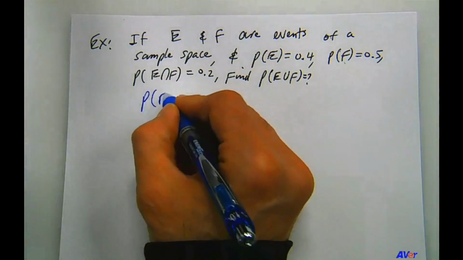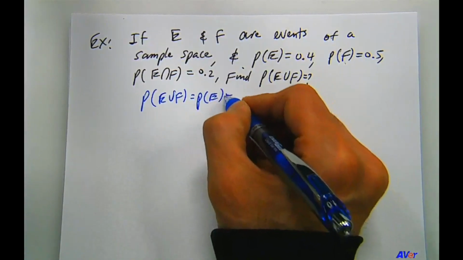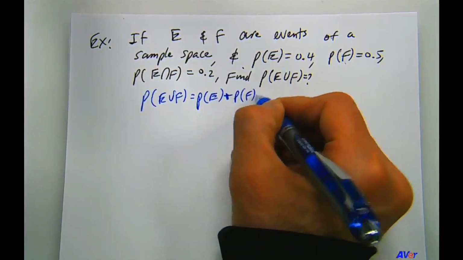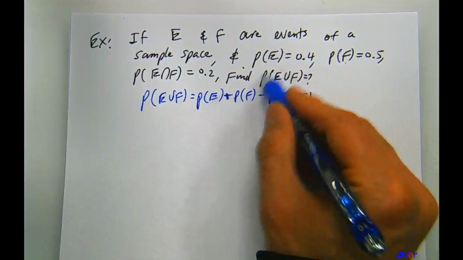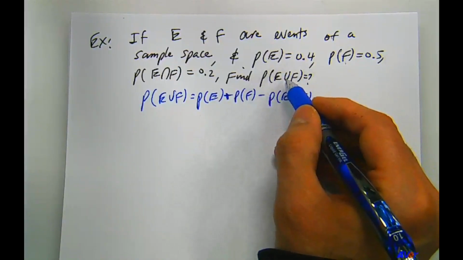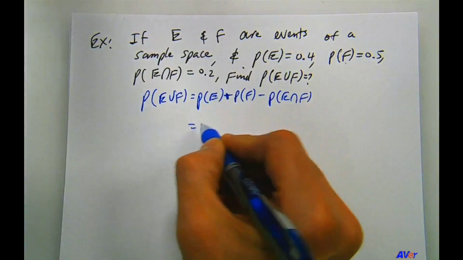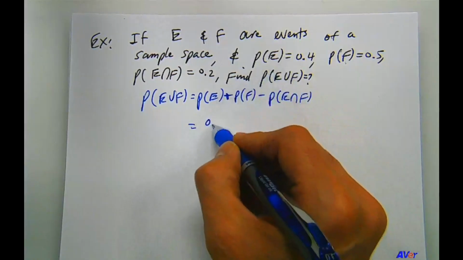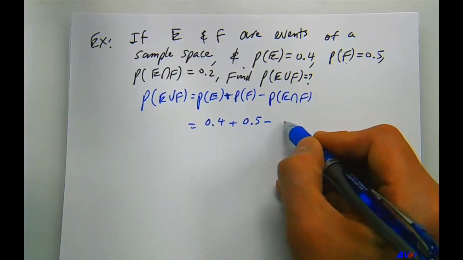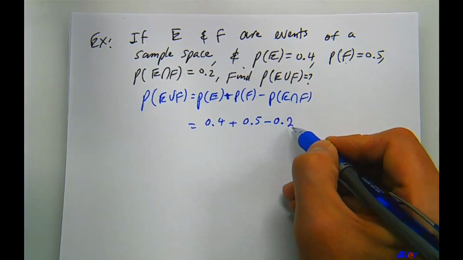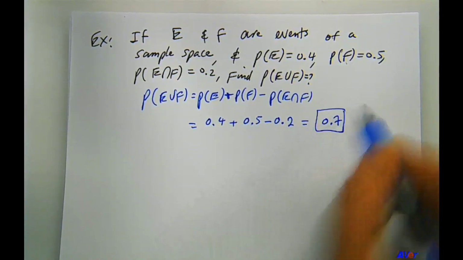Probability of E union F would be equal to probability of E plus probability of F minus probability of E intersection F. We're looking for the probability of the union event, not the union event itself. So that is equal to probability of E, which is 0.4, plus probability of F, which is 0.5, minus the intersection probability, which is 0.2. So 0.9 minus that, we get 0.7.